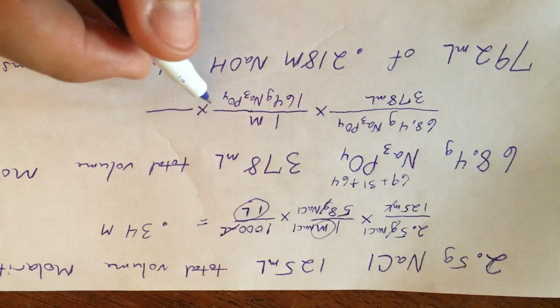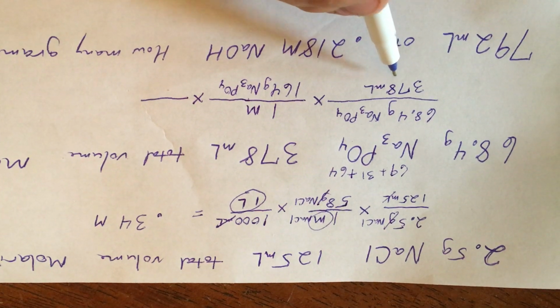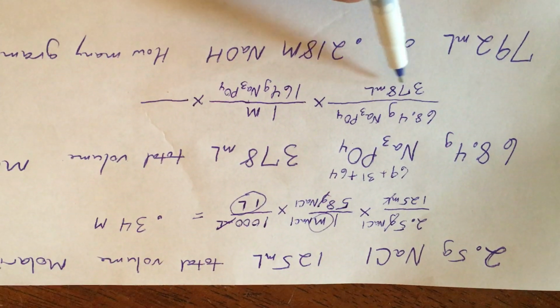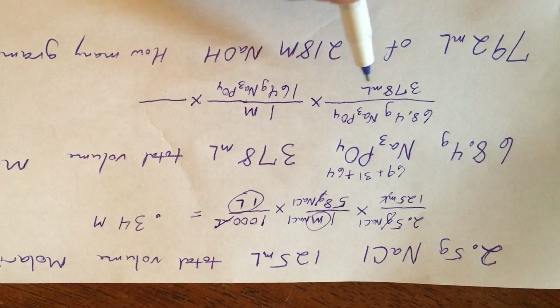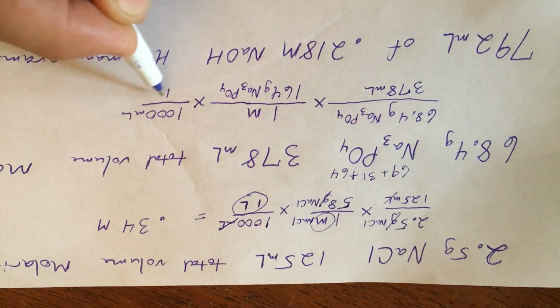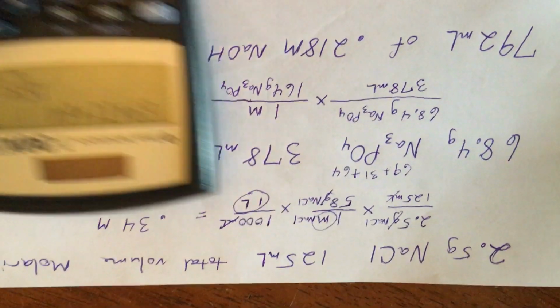Okay, and then we need to say, well, look, my total volume is 378 milliliters, but I need to be in liters, so 1,000 milliliters in every 1 liter. All right, let's see what we get here.